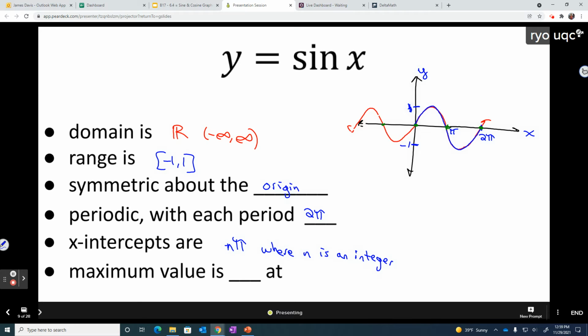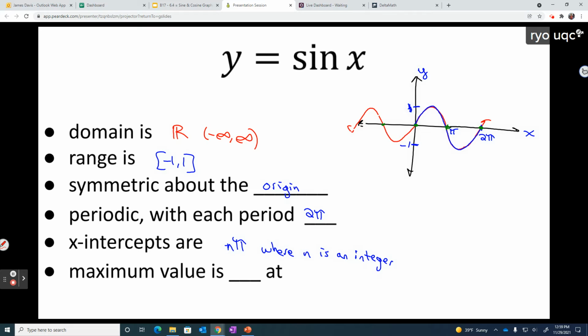This also has a maximum, which we stated with the range. The highest it goes up to is 1. This also would repeat a lot of times, but for the first period, where is it 1?